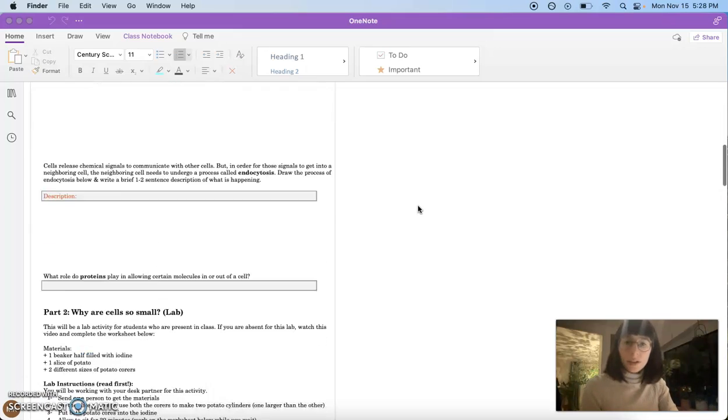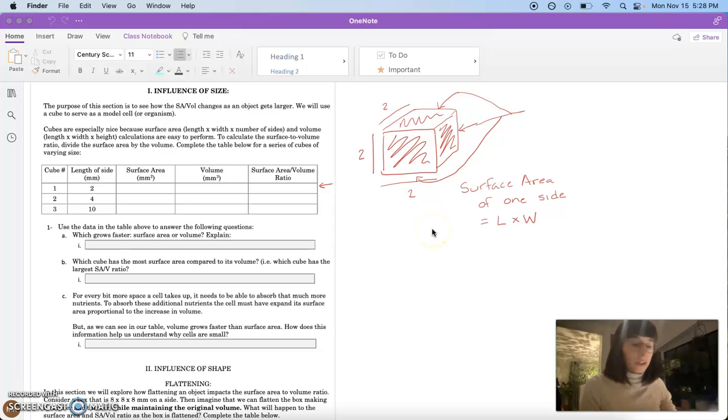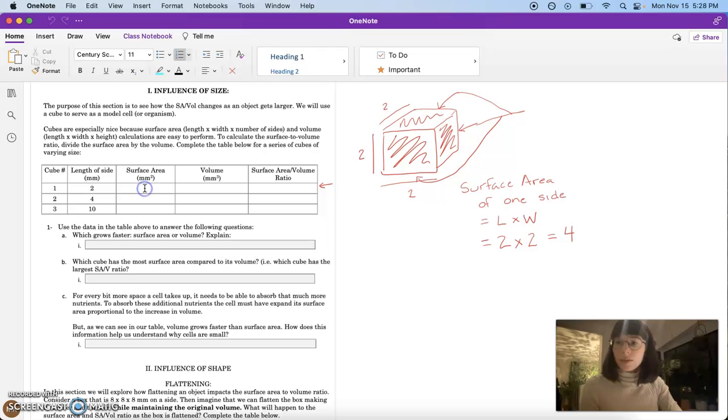In our example here, length and width are both 2, so it's going to equal 2 times 2. If you need to pull out a calculator for that, that's fine, but it's 4. Well, actually, no, that's not what you're going to put in there.